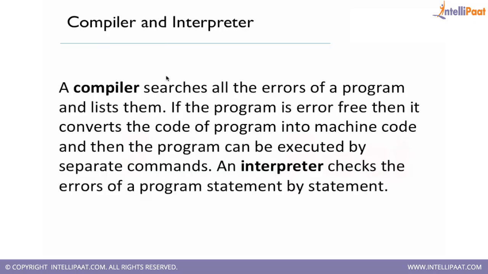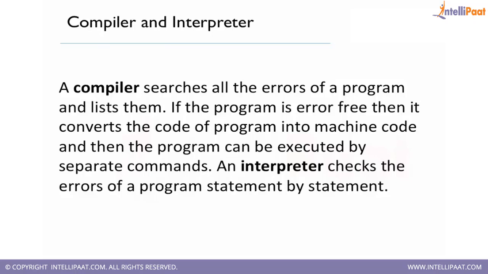So what are a compiler and an interpreter? A compiler compiles your program and searches for errors in your program. It does a lot more, but what it does is list down all the errors of your program in one go.